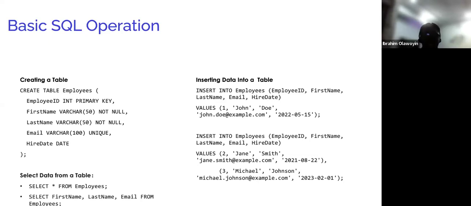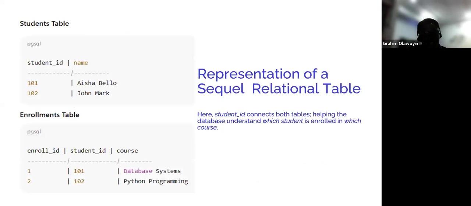Now I will use create table to recap what schema and constraints are. As you can see here, the operation is that we want to create a table, and this is the command we can run. Let's say we want to create something like the student table. We have the columns, we have the rows, and we have some entries.